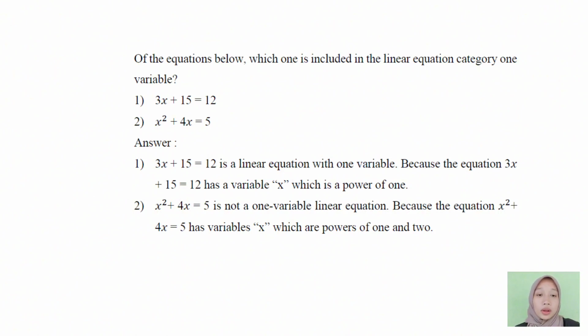And point 2, x squared plus 4x equals 5 is not a one variable linear equation, because the equation x squared plus 4x equals 5 has variable x with powers of 1 and 2.